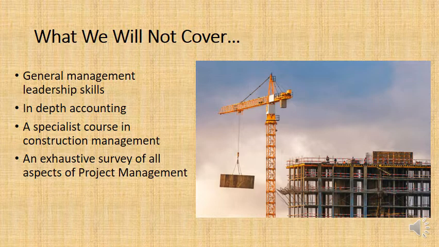And so we're not going to look at the specifics of construction management. There are courses you can do on that online and at master's level where you look at managing equipment and machinery. There's a bigger focus on health and safety and other things. That's not what this course is about.